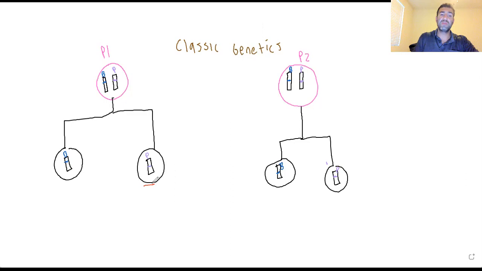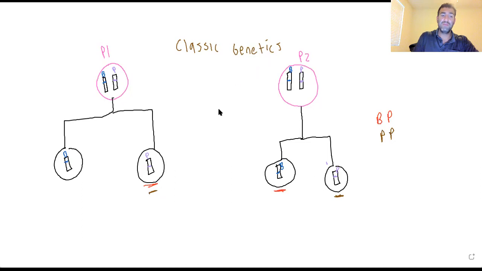Perhaps this sperm containing the purple eye allele will fertilize this egg that has the blue eye allele. Therefore, the combination of alleles will be B and P, so blue and purple. Or maybe this haploid cell will fertilize this haploid cell and we'll have purple, purple.